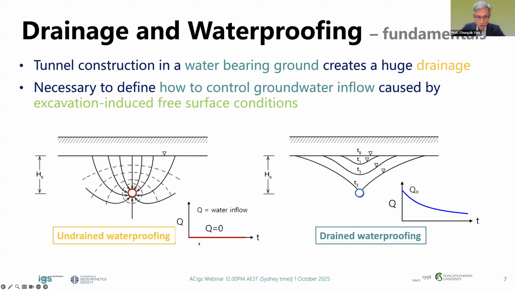So as you can see, no water inflow into the tunnel excavated area. On the other hand, drained waterproofing allows controlled groundwater inflow into a drainage layer. So this often results in drawdown of groundwater table over time. So this is the inflow variation with time.